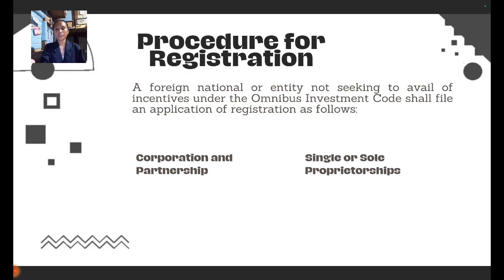Corporation and partnership are both types of business entities, but they have different structures and legal characteristics. A corporation is a legal entity that is separate from its owners or shareholders. It is owned by shareholders who elect a board of directors to make major decisions on their behalf.